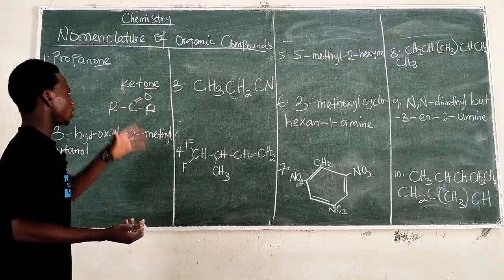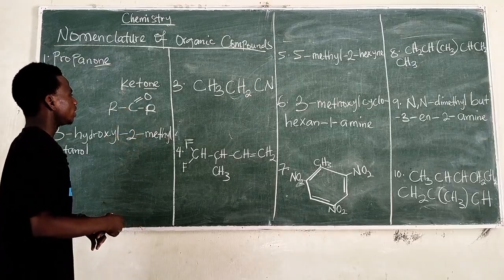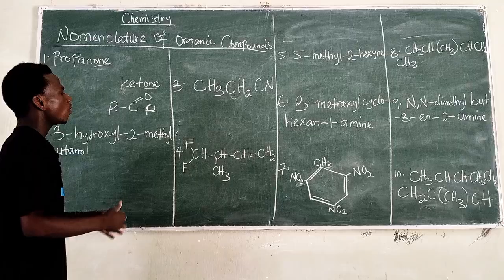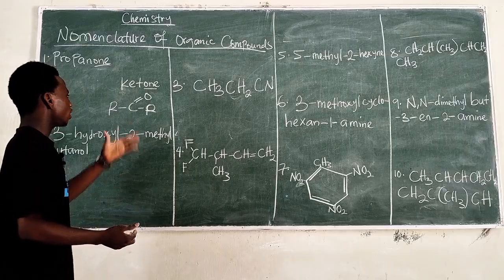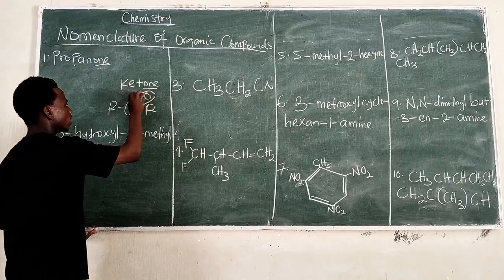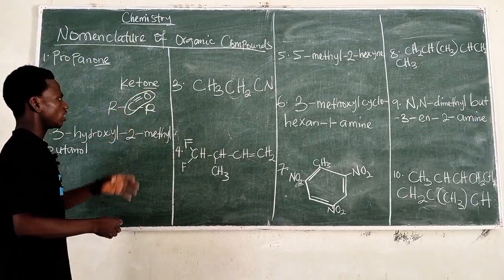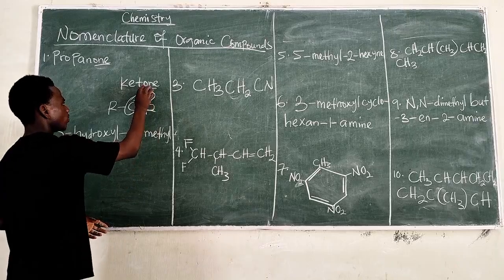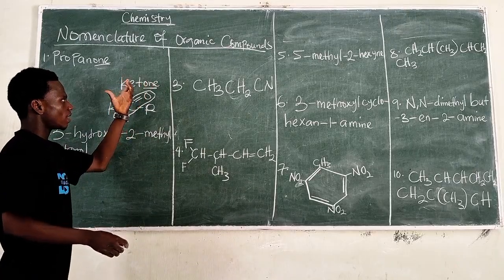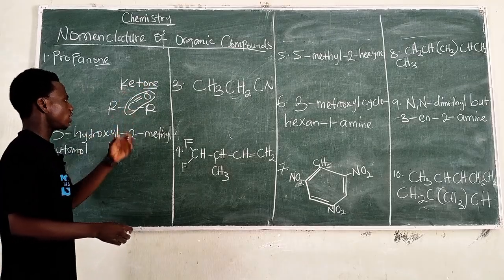the suffix of the parent name is ONE, then it is an indication of the ketone family. But let's say in a structure, you have carbon double bonded to oxygen, it is also an indication of the ketone family. So two things are involved. If a name is given and the parent name ends with ONE, then you have the ketone family.